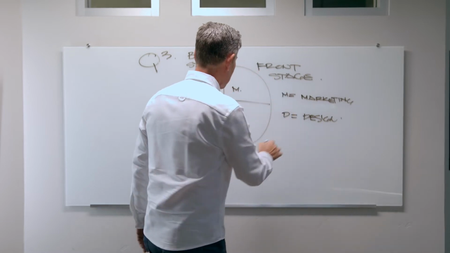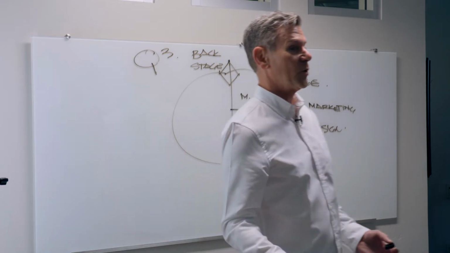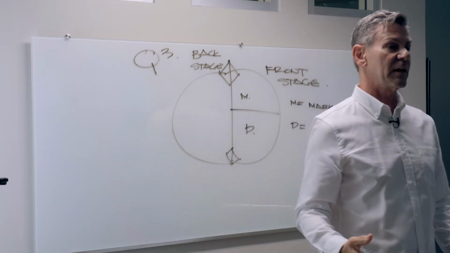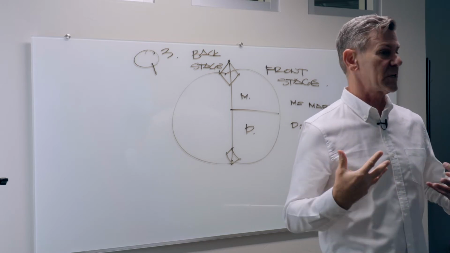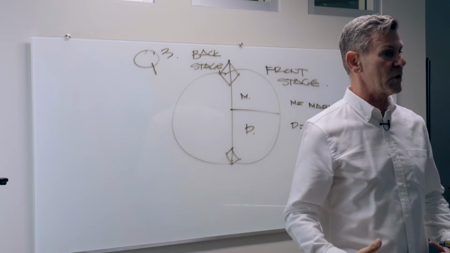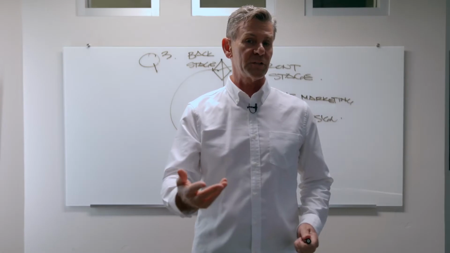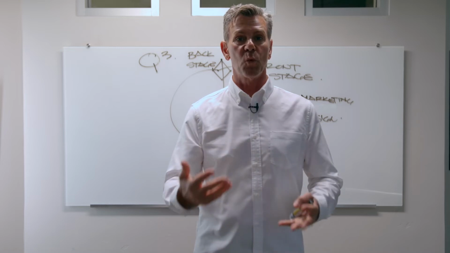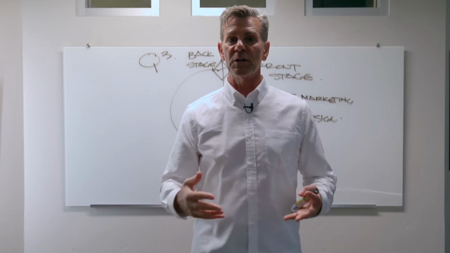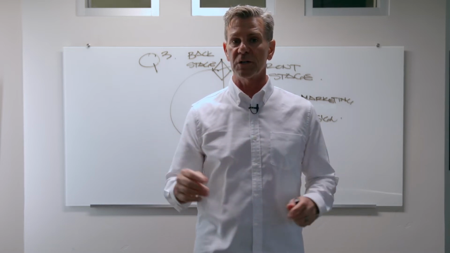The front stage is where value is created in an organization. This is everything that the public will see. This is how you show up. If you have uniforms, it's how everyone is dressed when they interface with the public. This is your collateral materials, your website, all the things that go into the look of your organization.